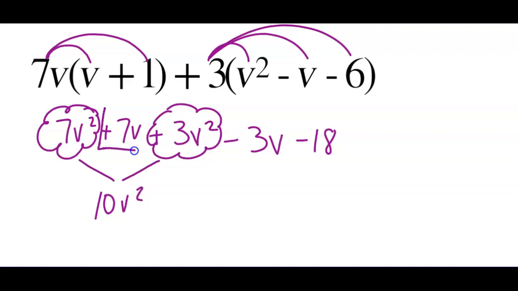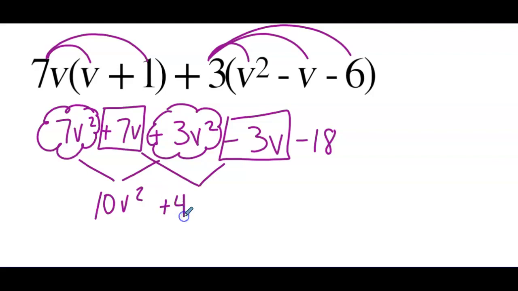And then I've got a positive v here and a negative v here, so those are going to add together. 7v plus negative 3v gives me positive 4v. And then I have nothing to go with my constant, so I simply bring it down. Okay? So multiplying a monomial by a binomial, combining like terms, and so on.